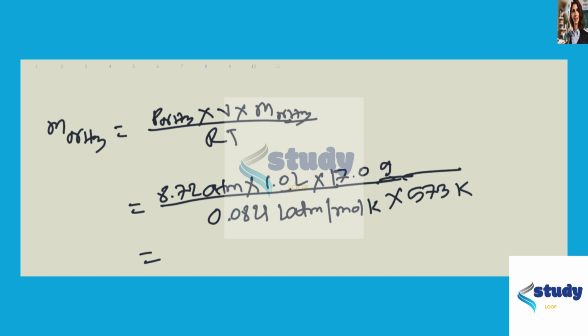If we solve this we get the mass as 3.16 gram. So this is the initial mass of ammonia.